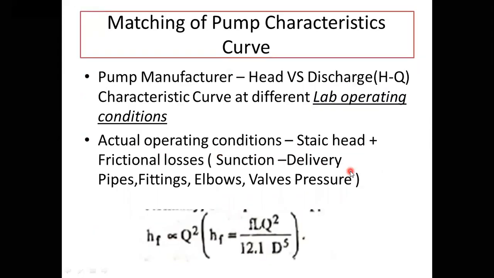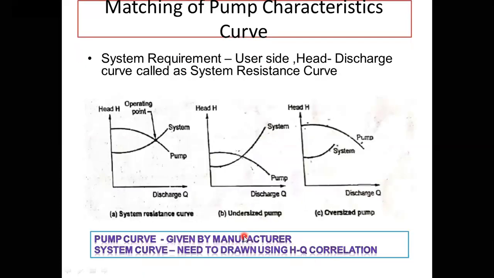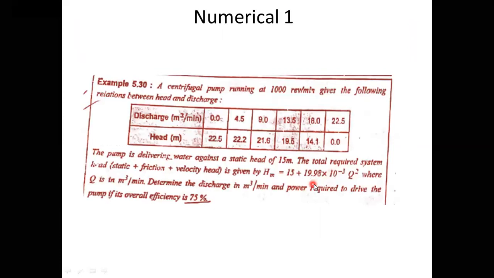We already studied that hf is directly proportional to Q square, so the constant, fl upon 12.1 d raised to 5, is given in this numerical as 19.98 into 10 to the power minus 3 Q square, where Q is in meter cube per minute. So there is no need to convert the unit here.